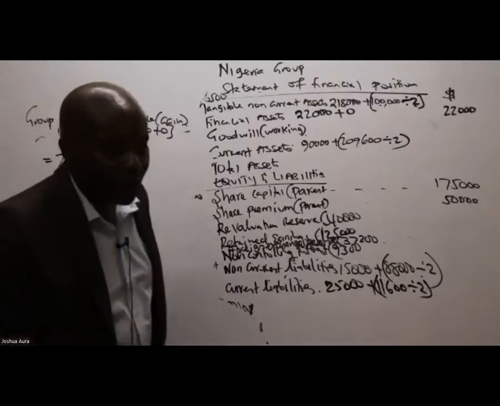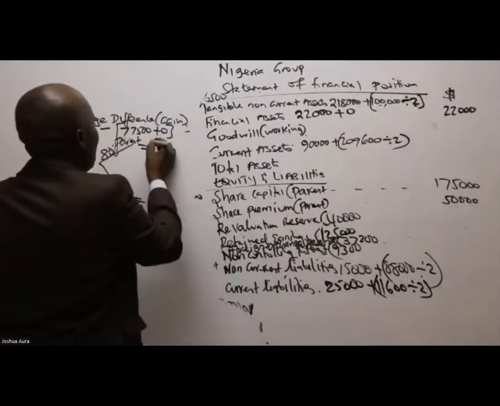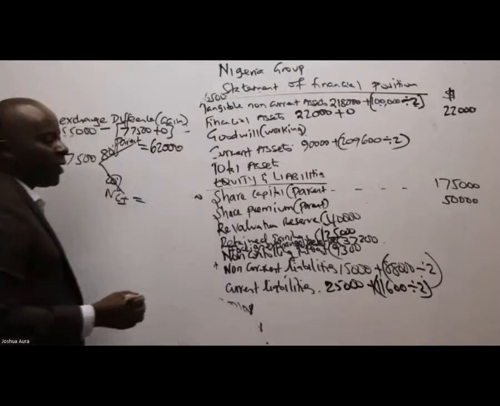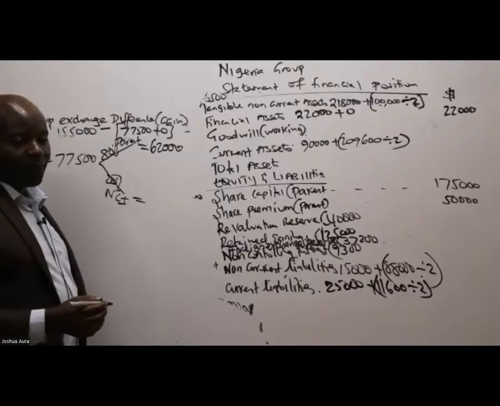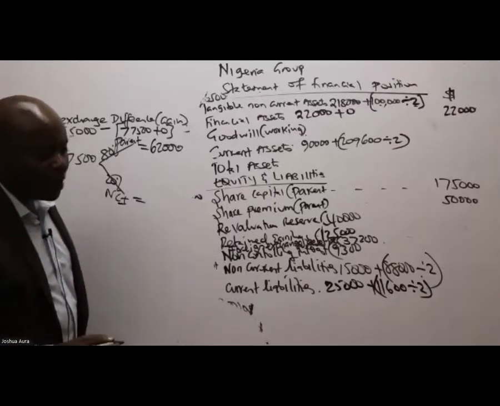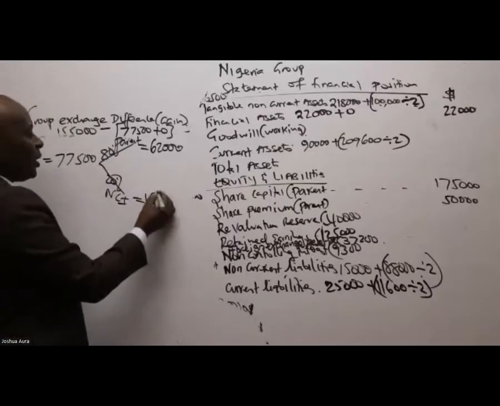Nimrod tells me the parent's share should be 62,000. Thank you very much. How about NCI? NCI is 15,500.